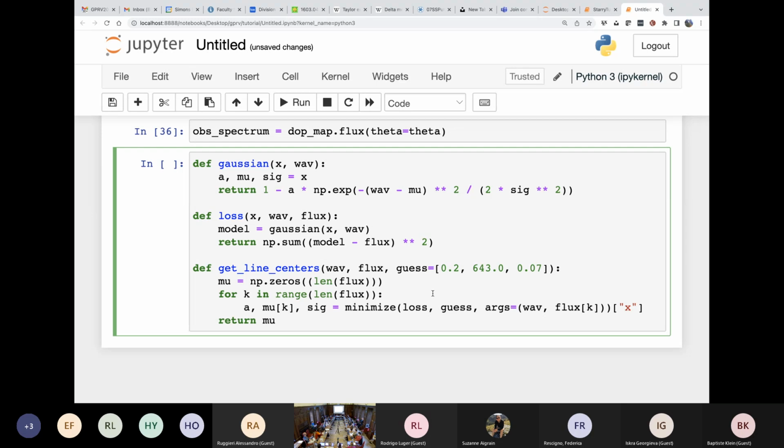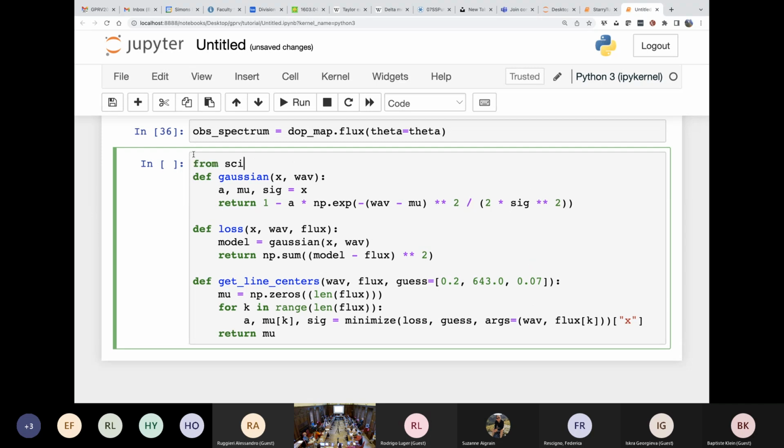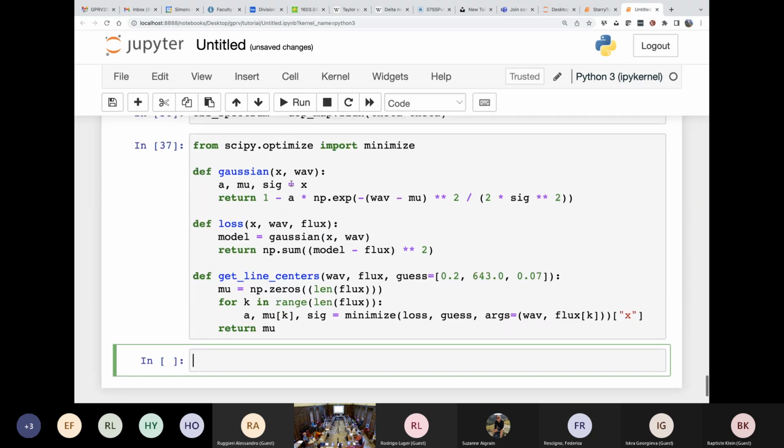You're minimizing the errors? Oh, good, good. So scipy dot optimize dot minimize. If you're a very fast typer, you can copy it, but I'm going to scroll away in just a second.